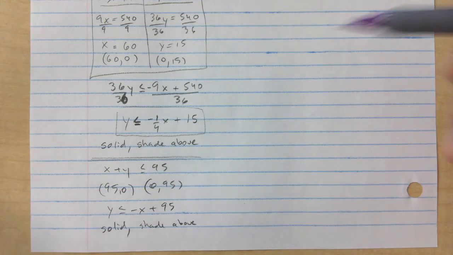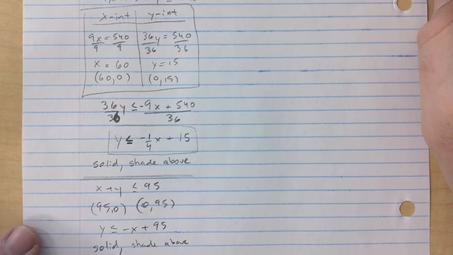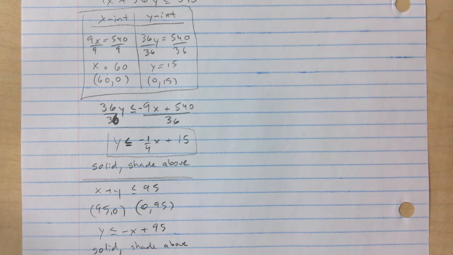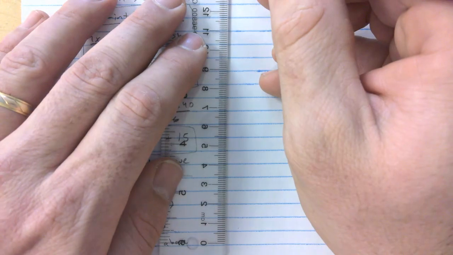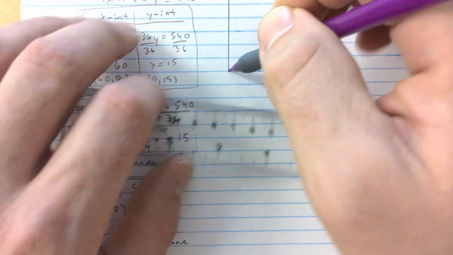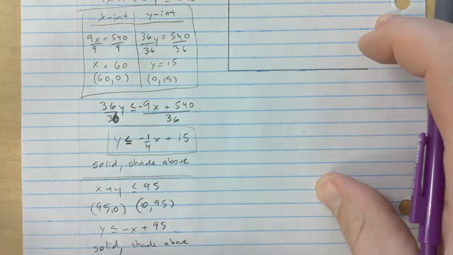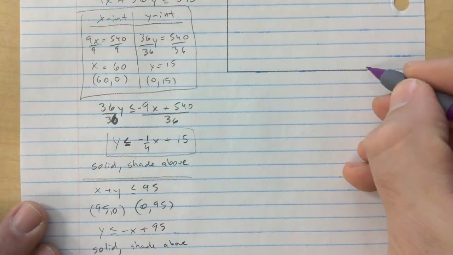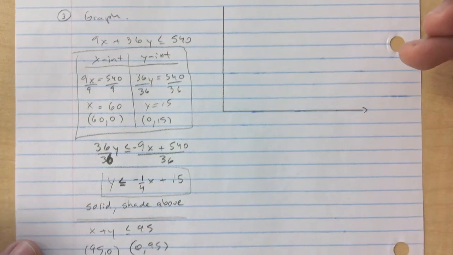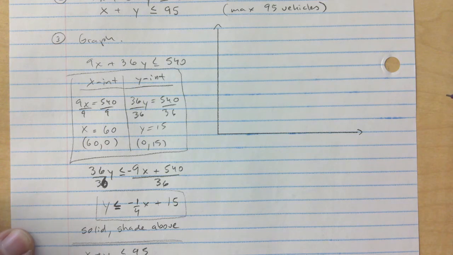And now we're going to graph it here. I'm going to graph this up here somewhere. So grab your rulers if you have one. I need to go all the way to 95, right?